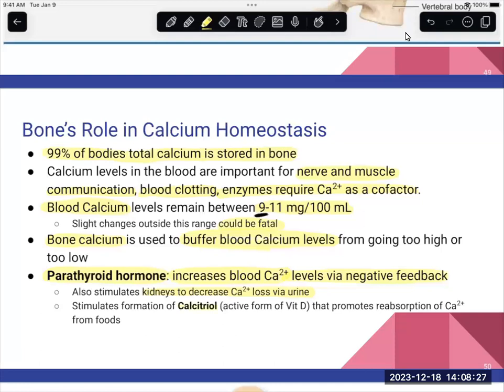It's going to use that calcitriol, which is vitamin D, and absorb calcium from your intestines, from any food that you have eaten. So parathyroid hormone works to increase that blood calcium level. So your blood calcium got too low. This is the main hormone that regulates.